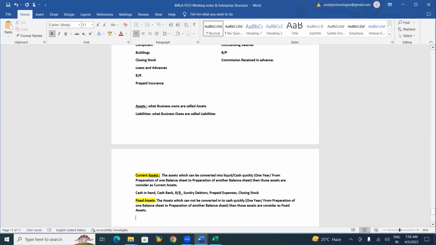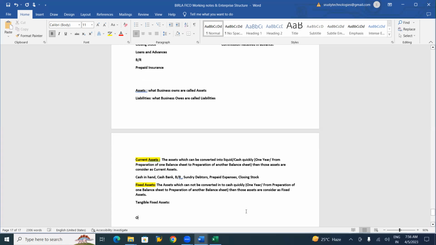So here, fixed assets are again divided into two different types. One is tangible fixed assets, and the second one, intangible fixed assets. So what do you mean by tangible fixed assets?